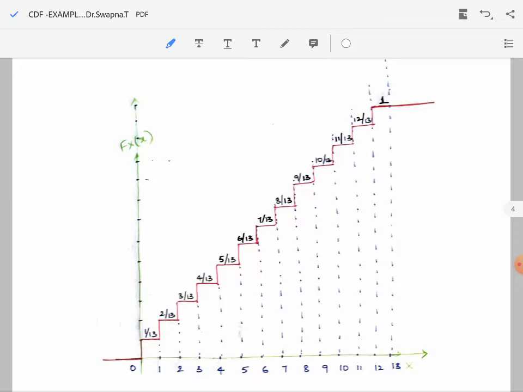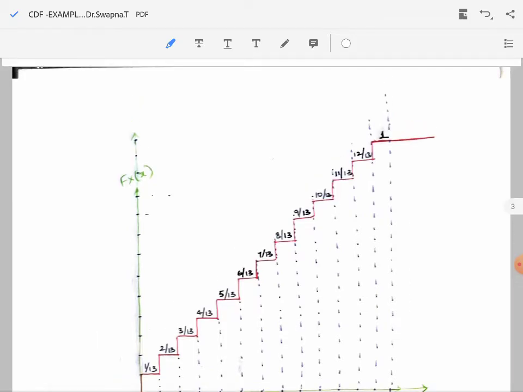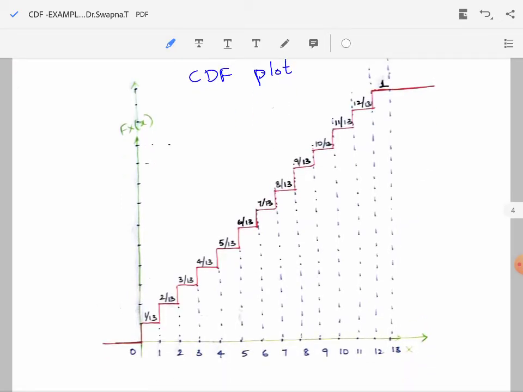So now when you plot the CDF, on the x-axis the random variable X is taken, on the y-axis F_X of x.